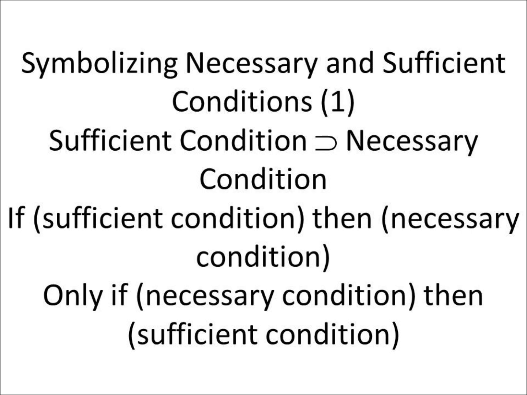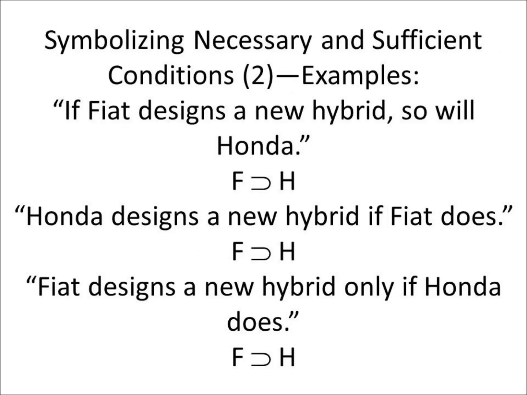Only if introduces a necessary condition, then the sufficient condition. So it reverses the order of how you symbolize. While the part of the statement with the if always goes to the left in a regular if-then statement, in an only if-then statement, the part with the only if goes to the right. So let's take a look at these examples.